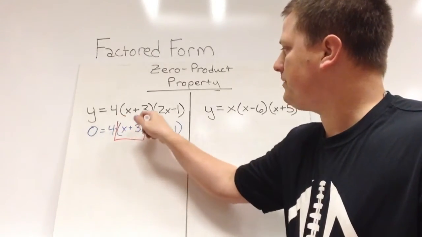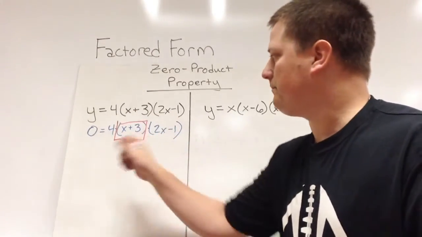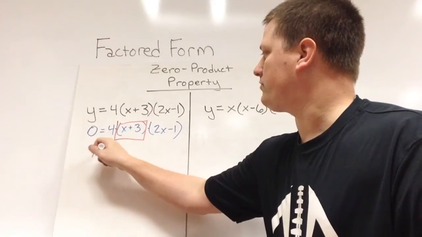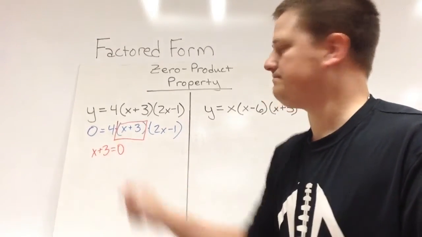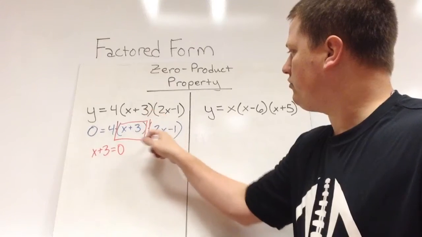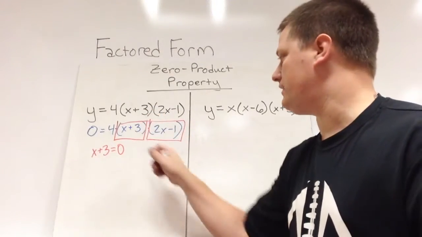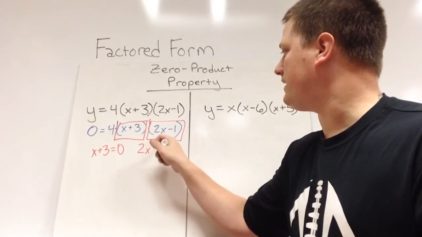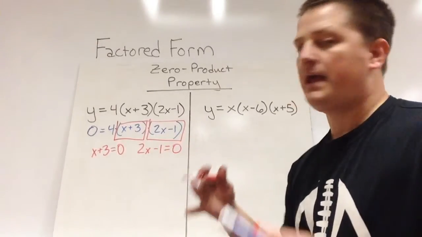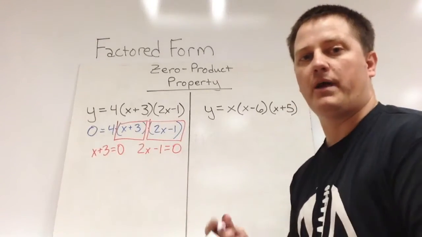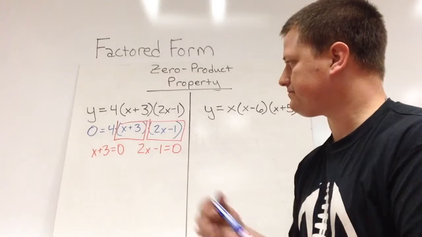But x plus 3 could be turned into 0, so we go x plus 3 equals 0. 2x minus 1 could be turned into 0. 2x minus 1 equals 0. Now if we solve this, we will have our two roots.